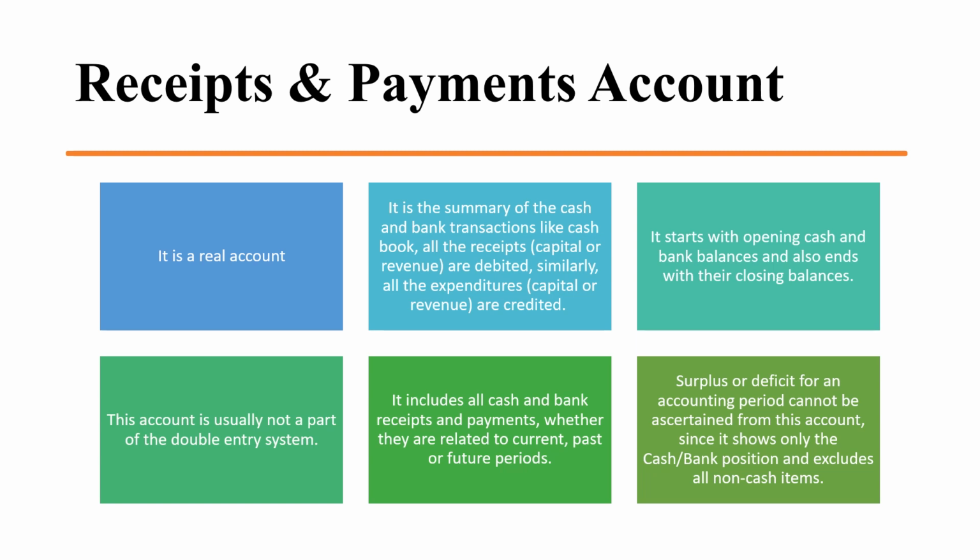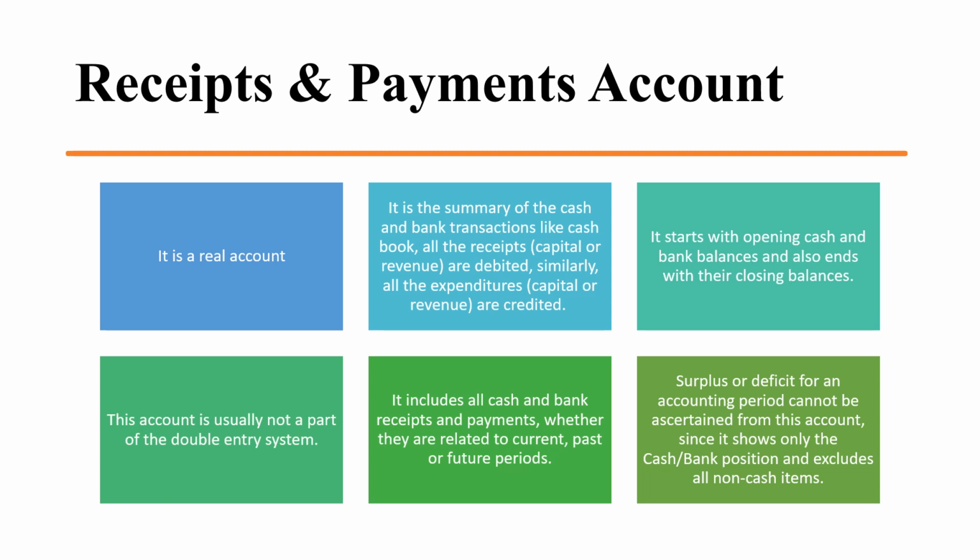To remember, this account starts with the opening cash and bank balances, and it ends with their closing balances. The beginning point of the account is the opening balance of cash or bank, and the ending point is the closing balance of cash and bank, which is carried forward to the balance sheet.